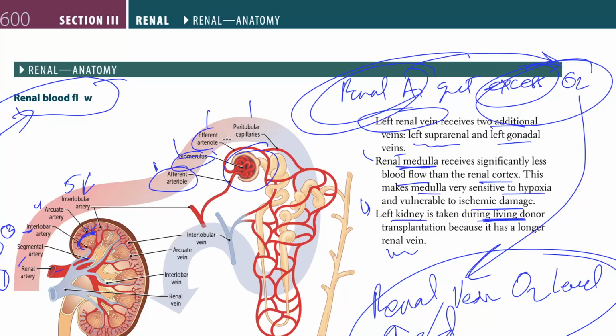Then the glomerulus, the efferent arterioles, and from efferent it goes to the peritubular capillaries. From peritubular capillaries, if you follow them, it is going towards the interlobular vein, arcuate vein, interlobar vein, and eventually the renal vein. So this is from renal artery to renal vein.